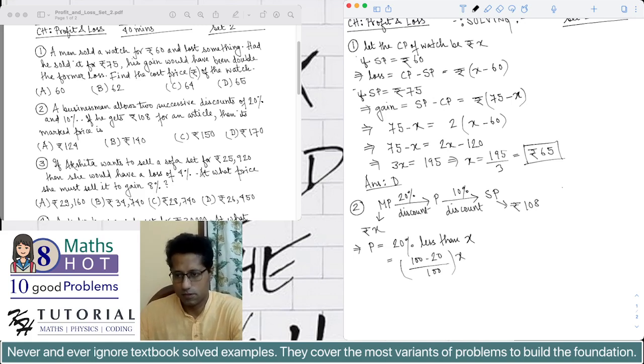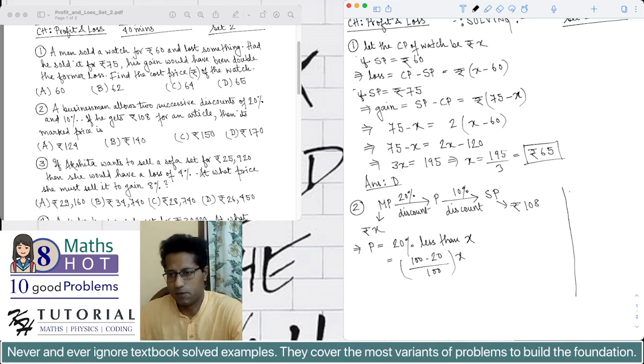So these small things you must be well aware of: x% less than y is equal to 100 minus x divided by 100 whole multiplied by y.